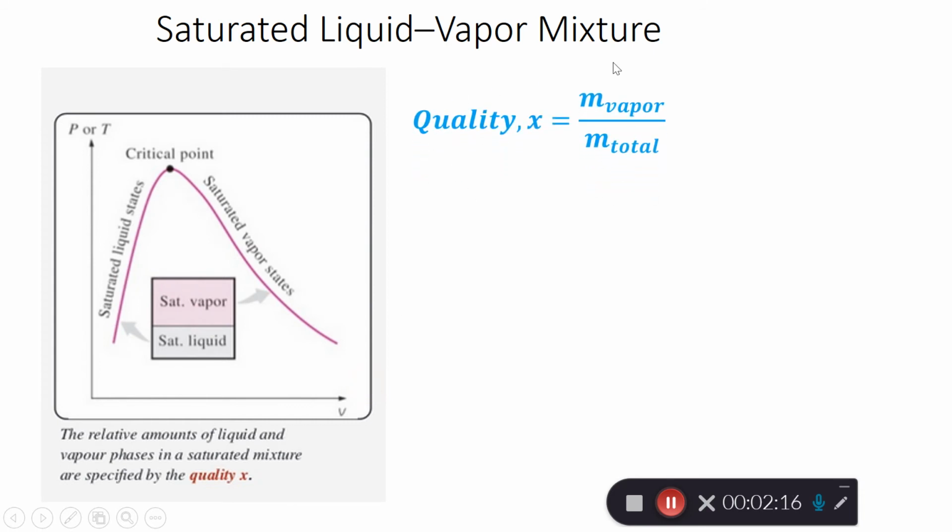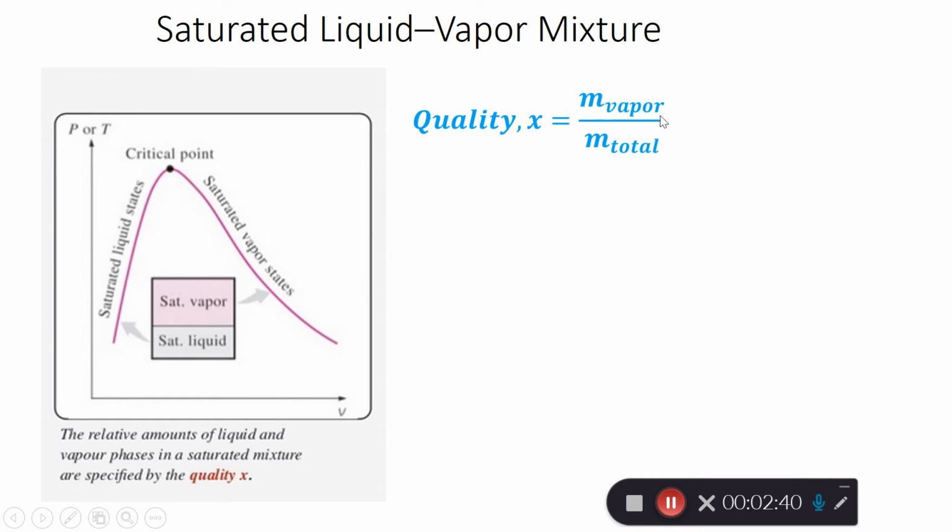The first thing for you to know is this new property, or new number, called quality. The symbol is X, and it's basically the ratio of the vapor mass, where M is mass, divided by the total mass.